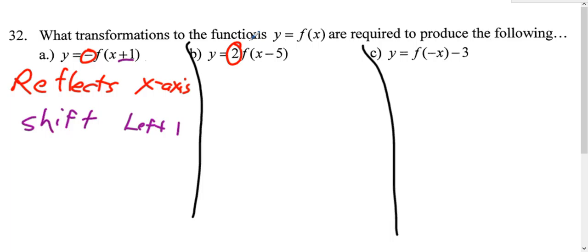This 2 just does a stretch. The -5 that's there with the x, that is a shift, and it's 5 to the right.